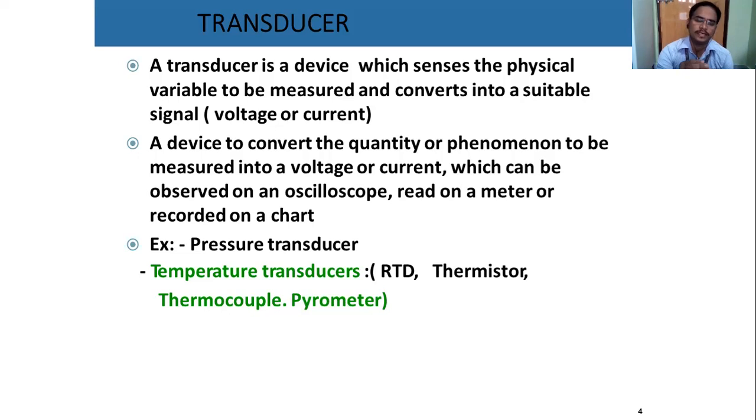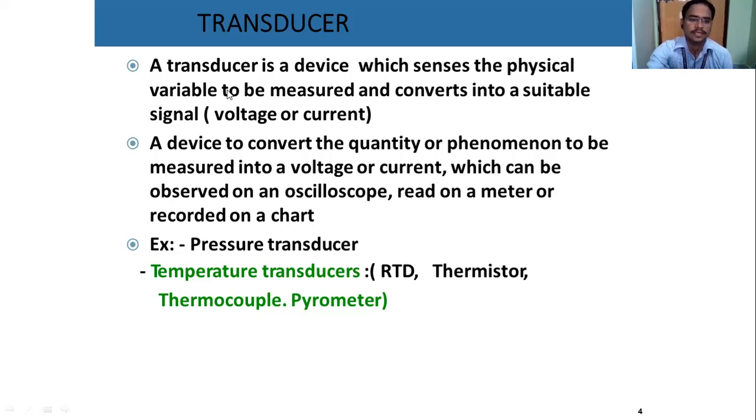From the measurand, the transducer will take the input signal, the stimulation from the input signal, and the transducer will convert that stimulation, that signal, into a suitable form which can be measured by the given particular instrument. A data translation element is a transducer.